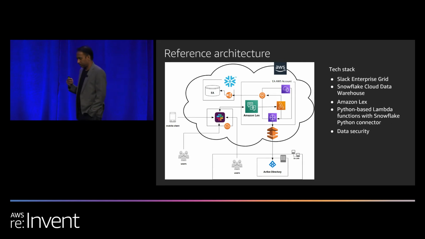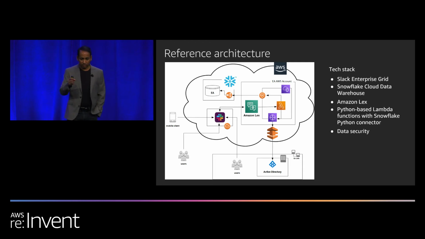Slack is a collaboration tool for our enterprise, so we thought, okay, we have Slack, how about building something using Slack? And we have AWS. What is there in AWS? We have Lex, and our corporate data warehouse is Snowflake. Well, it's all on the cloud. So let's build it so that business users can connect from mobile or desktop, wherever they are and whenever they need the data, right?